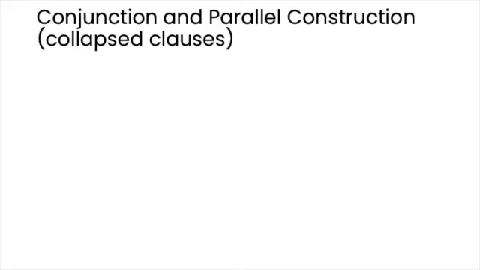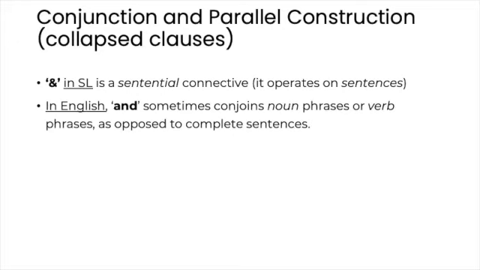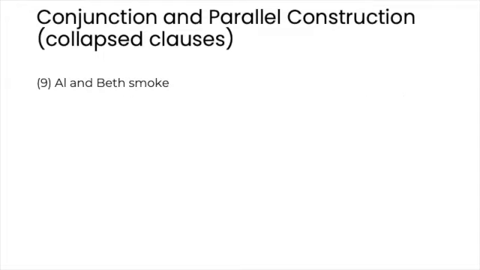Okay, conjunction and parallel construction. Remember that, according to the formation rule we introduced in a previous video, the ampersand symbol in SL joins sentences. So it's a sentential connective because it operates on sentences. However, in English, "and" sometimes conjoins noun phrases or verb phrases, as opposed to complete sentences, as when we say, "Al and Beth smoke."